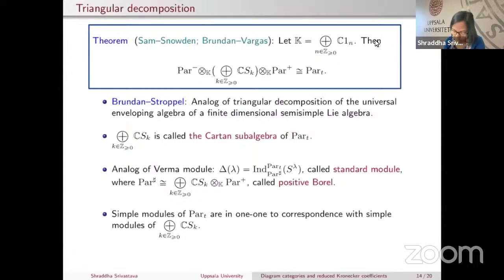If you take a partition lambda, and S lambda is the corresponding Specht module, we can make it a module over par sharp by letting par plus act as 0. And then we induce it to the whole path algebra. This is what they call the standard module. And then, as we said, the simple modules of the path algebra are in one-to-one correspondence with the simple modules of the Cartan subalgebra.